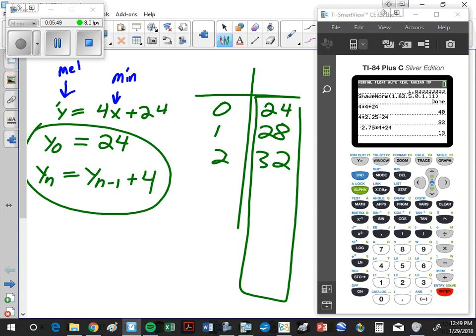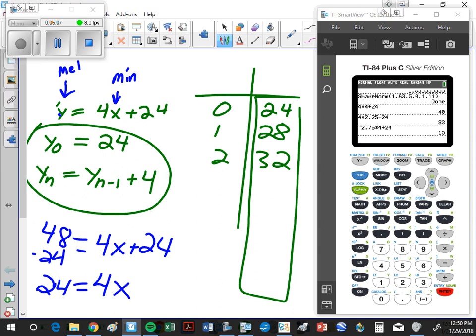So I'm going to put 48 here. 48 is equal to 4x plus 24. How do I solve that? Subtract 24, and 24 is equal to 4x. Divide by 4, and I get x equals 6. Okay? All right. I'll let you finish that in a minute.